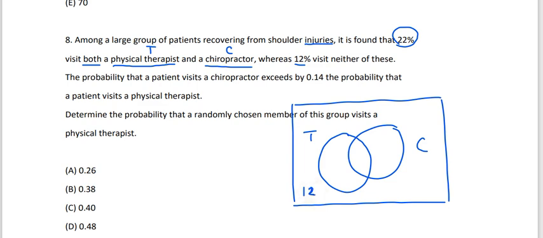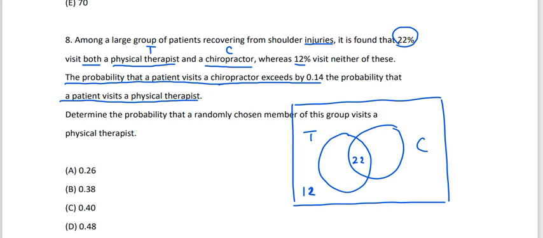Okay. So both, so here's 22%. Okay, 22 here. So let's say the probability that they visit C exceeds the probability that they visit T. This means that C is more than T by 14%.